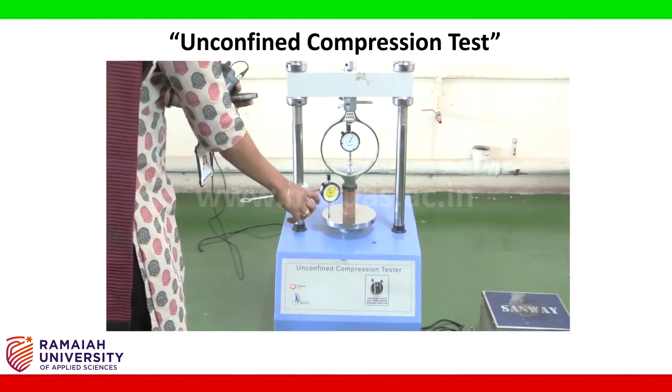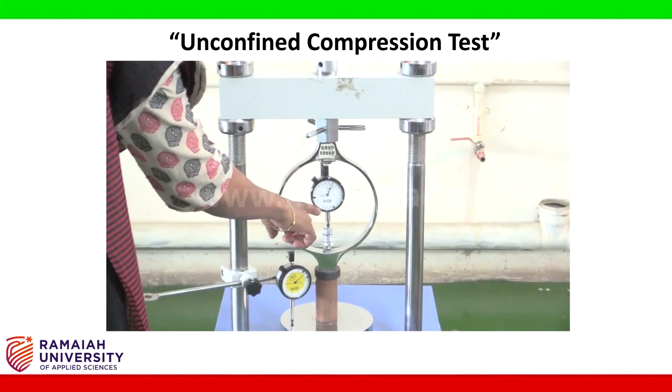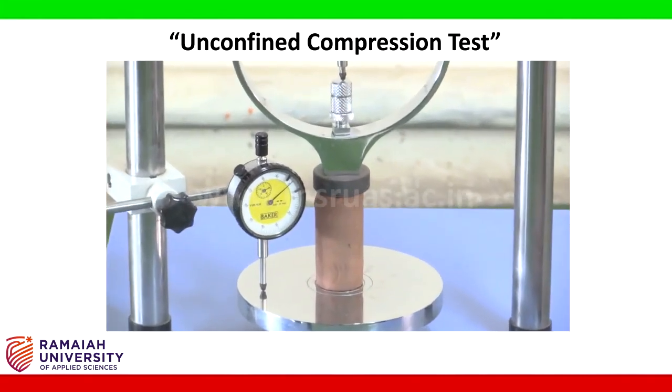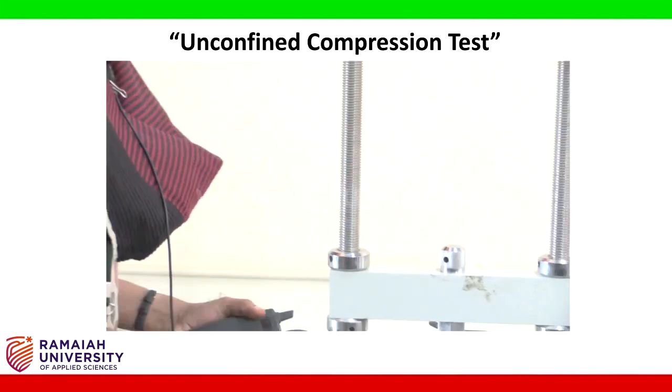Now we will start the experiment. Observe the readings at the required intervals for both the proving ring and dial gauge, and if you want, you can measure the time for each reading also.